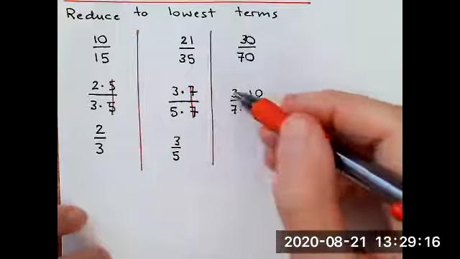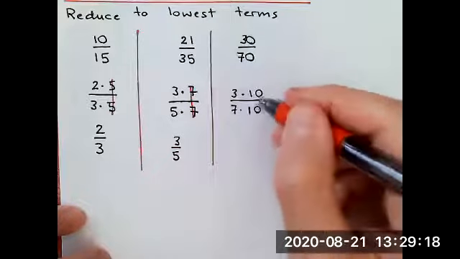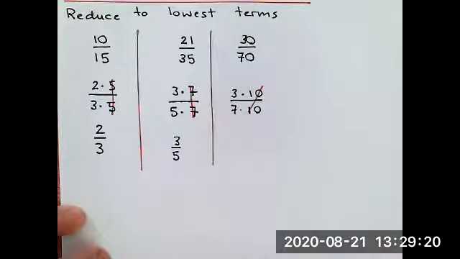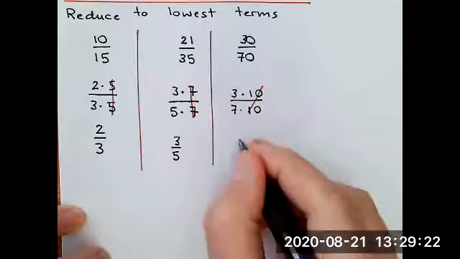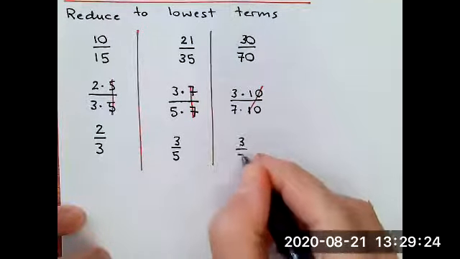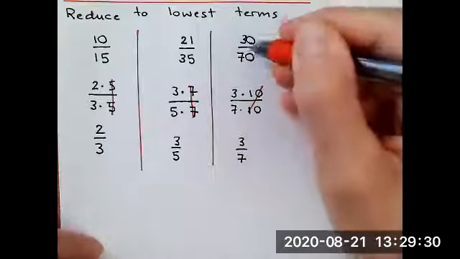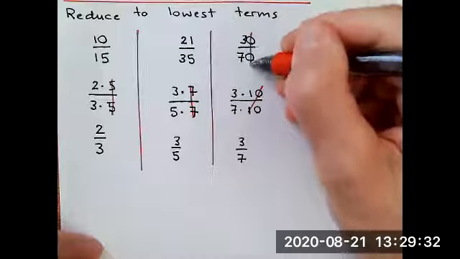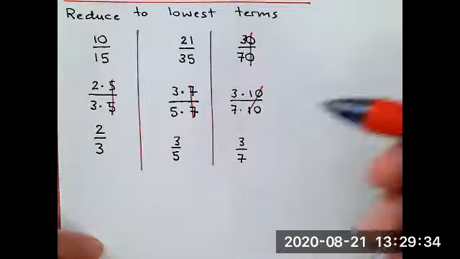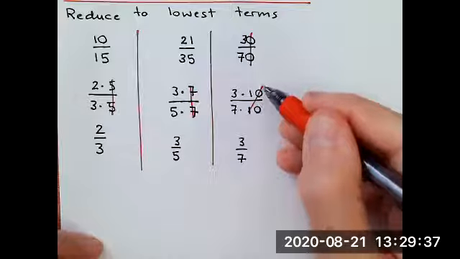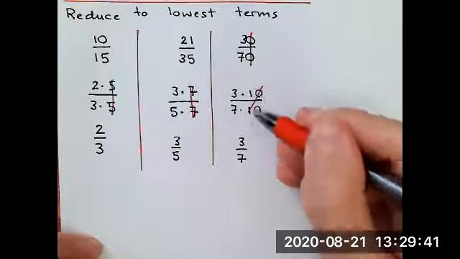So we're just rewriting 3 over 7 times 10 over 10, which is 3/7. So you can cross out the zeros, but I want you to remember that you're reducing because 10 over 10 equals 1.